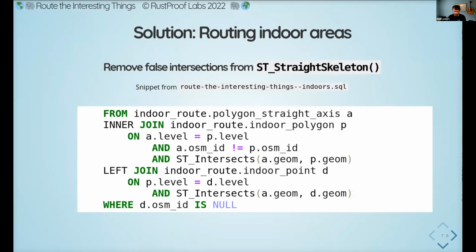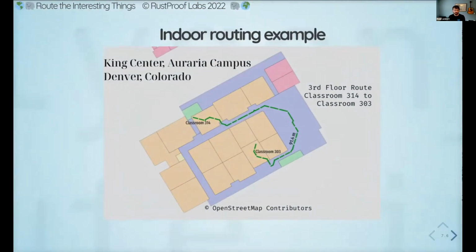We're using a left join and then we add the where is null in the clause to find those that are missing. And the join to the indoor point table is finding where there's doors. So this step prevents us from pretending like we're ghosts and walking through walls. We're not. We need to open the door and go through that way. So this is removing those false intersections.